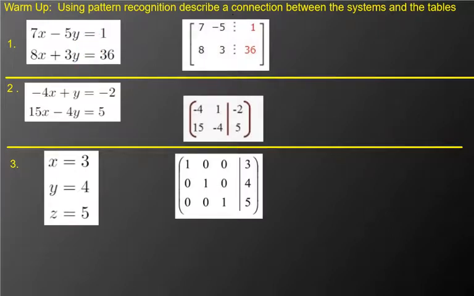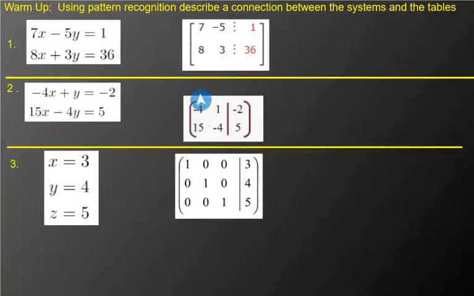But basically, you should see a pattern here. 7x, 7, negative 5y, negative 5, 1, 1, 8x, 8, so on and so on. They're just taking the variables and the pluses and minuses and equal signs and dropping this stuff and storing it in here. And you have to understand that the first column is the x's, second is the y's, and this is always just the number. So again, here's another one.